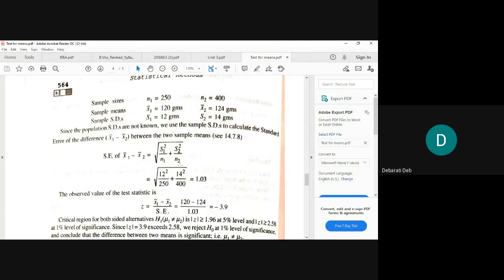That equals, under root, you replace S1 by 12 and S2 by 14. Just write down 12 square by 250 plus 14 square by 400.